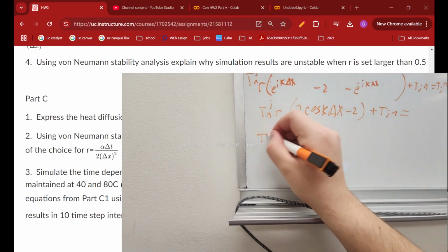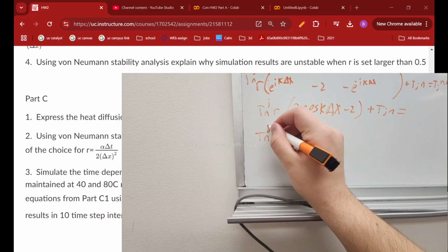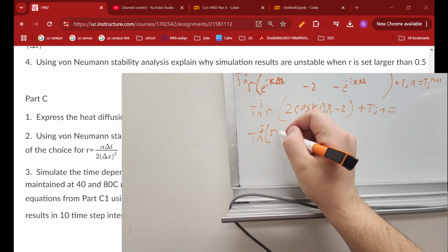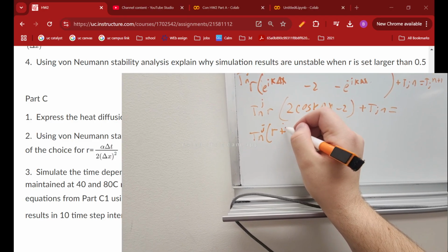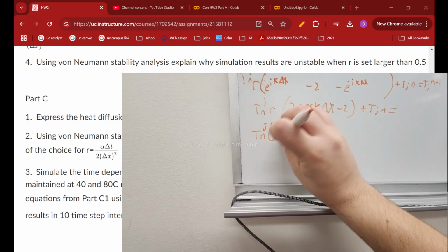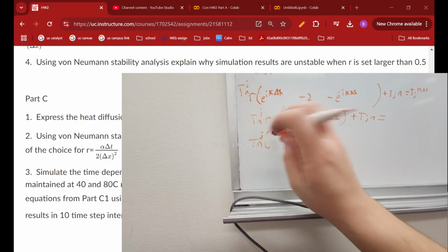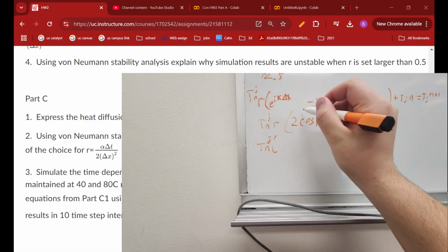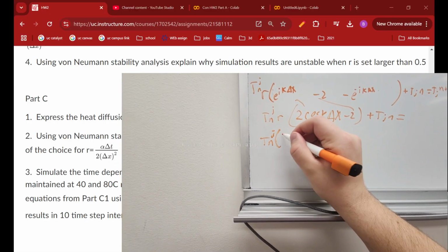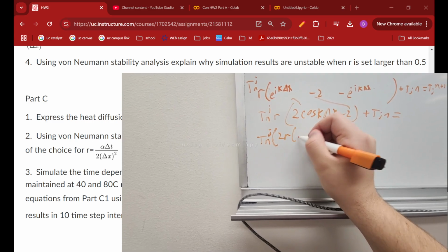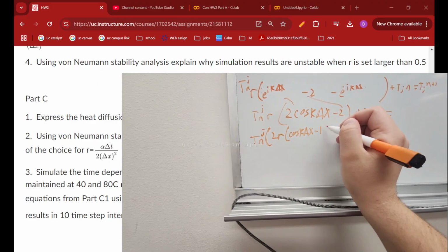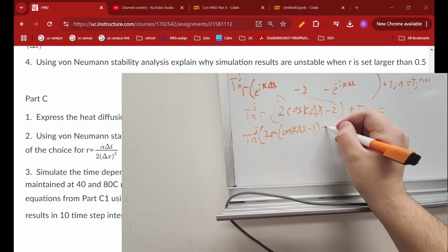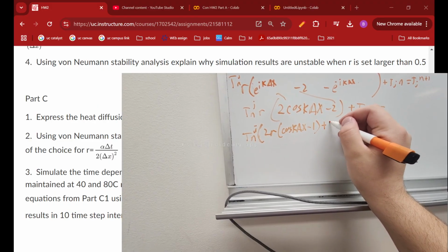Then we can pull out t j n to get r plus 1. Or I'm going to take 2 steps here. I'm also going to pull this 2 out. So then we have 2r times cosine k delta x minus 1, plus 1.